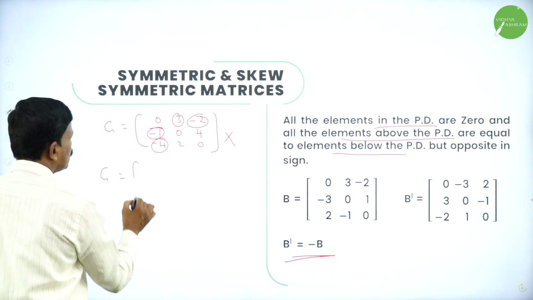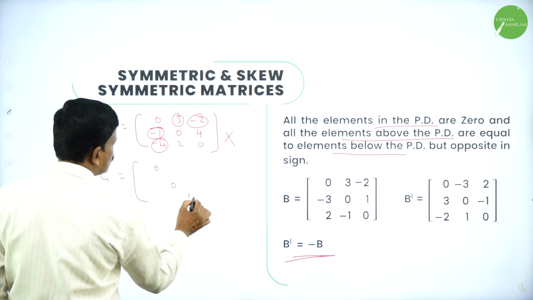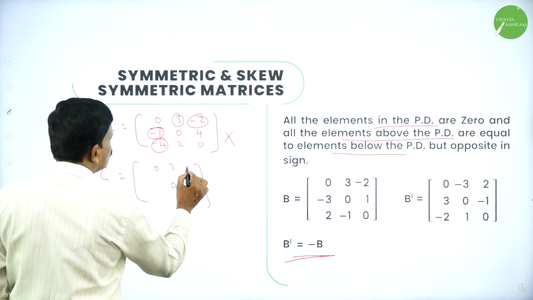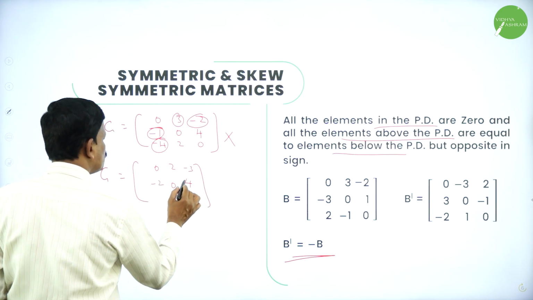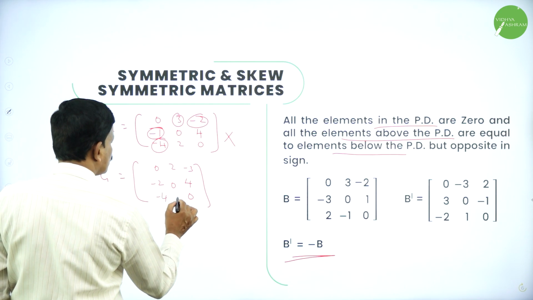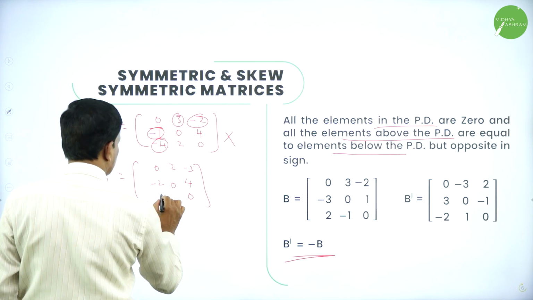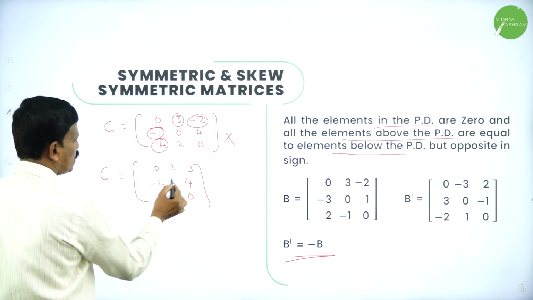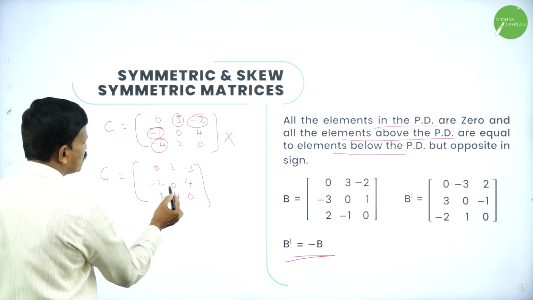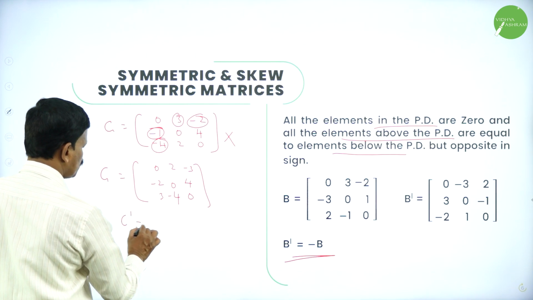Suppose I write like this: 0, 0, 0. So 2, minus 3, plus 4, then this is minus 2, then minus 4 and this is plus 3 and minus 4. So see, this is plus 2, minus 3, plus 3, plus 4, minus 4. This is an example for a skew symmetric.